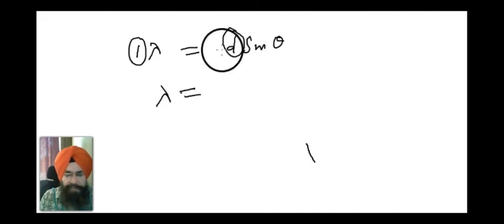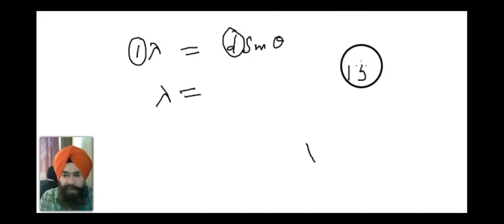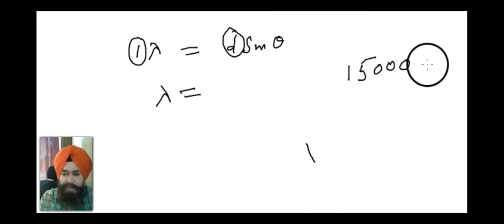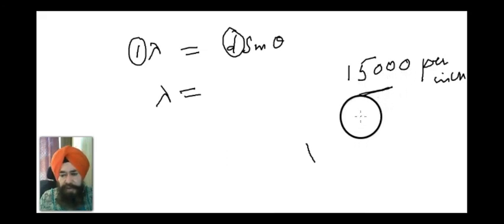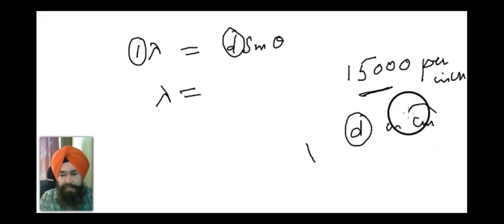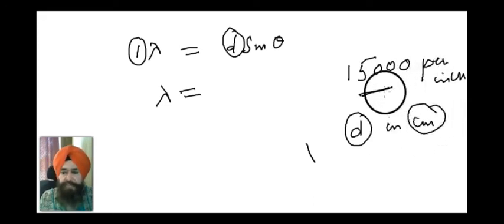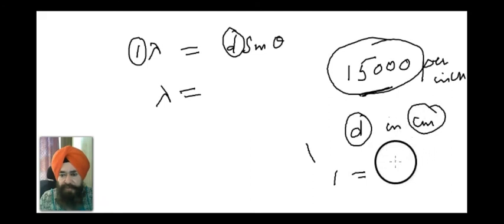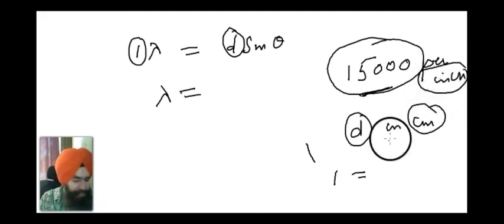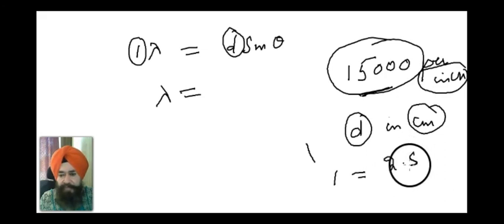Now what about the d? You are having 15,000 lines per inch. Find out the grating element, small d, in centimeter. What is one line? Convert this inch into centimeter, 2.54 centimeter, divided by 15,000.